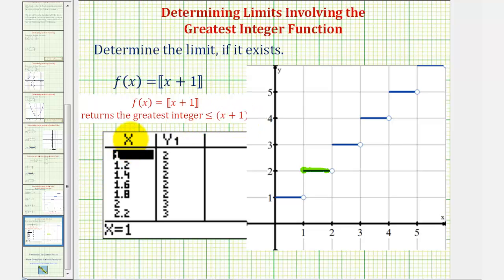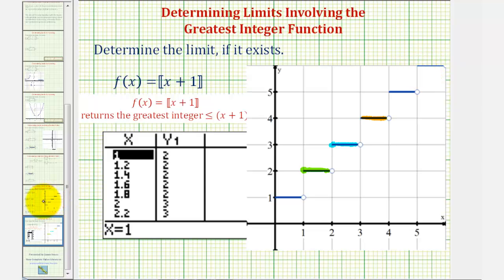So it isn't until we reach an x value of 2 that the function value jumps to 3, as we see here. And the function value stays at 3 until x reaches a value of 3, then the function value jumps to 4, and so on. This is also often called the step function, and you can see why.